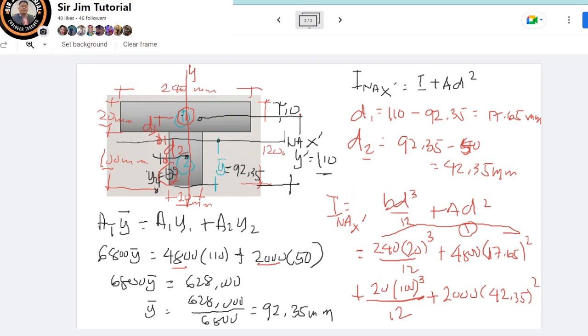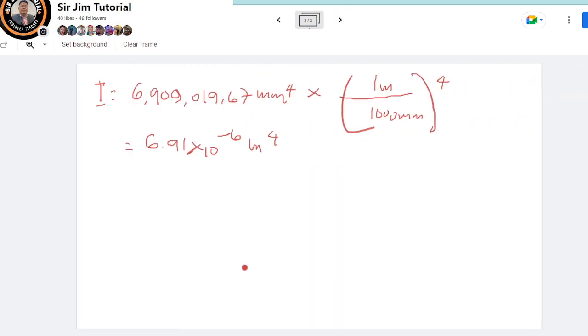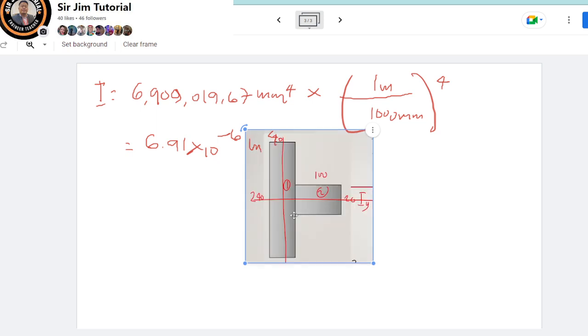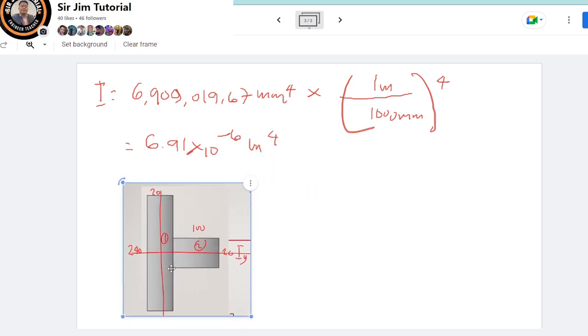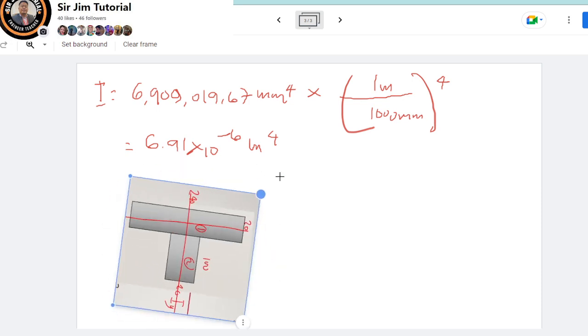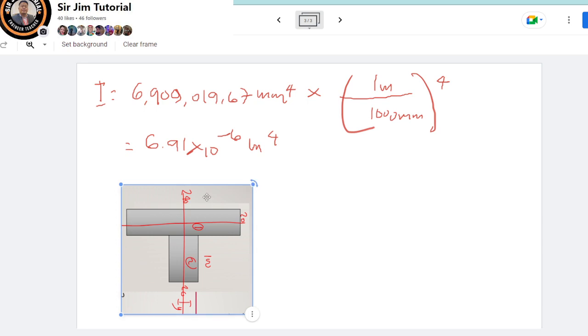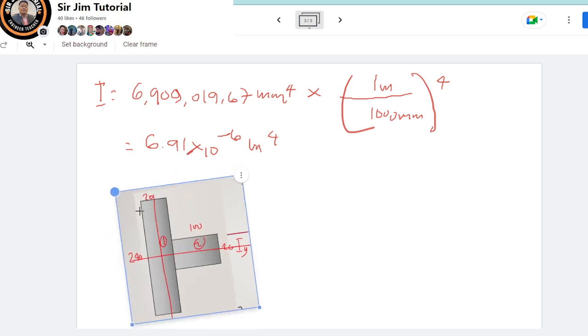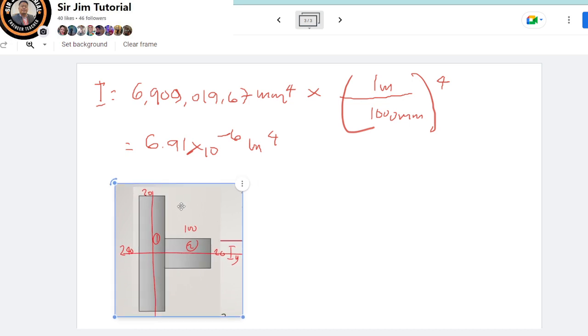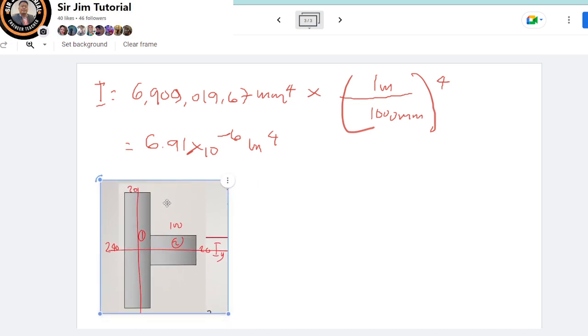Earlier, as I said, it was supposed to be like this. Since we are interested in this y-axis, let us rotate it in this way so that it will be easier to understand.